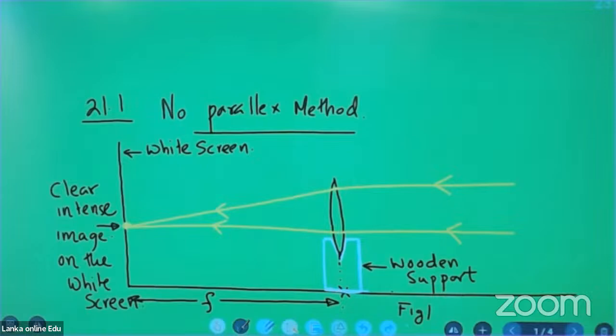Two optical pins. Meter ruler and white screen.